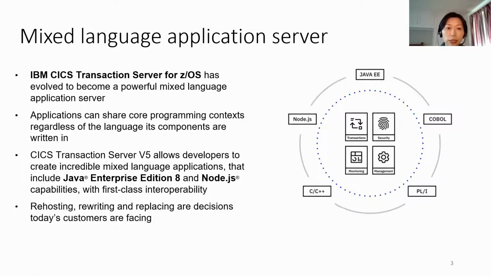So the CICS TS server for z/OS has become a very powerful mixed-language application server, which can host not only COBOL, PL/I, C, and assembler, but also Java and Node.js. They all share the common context of CICS being a fantastic transactional environment, providing security, and also monitoring and management as a core capability.